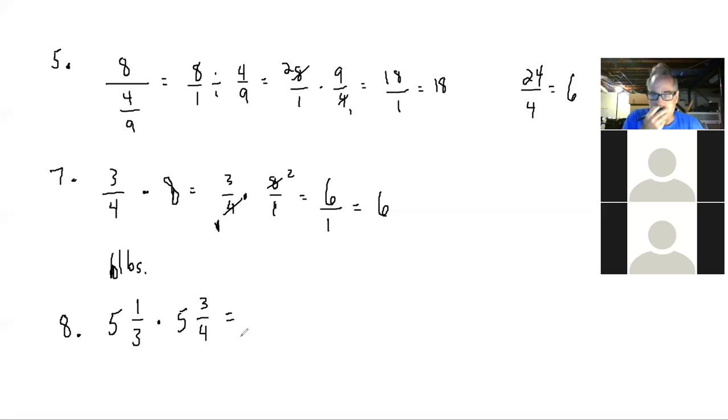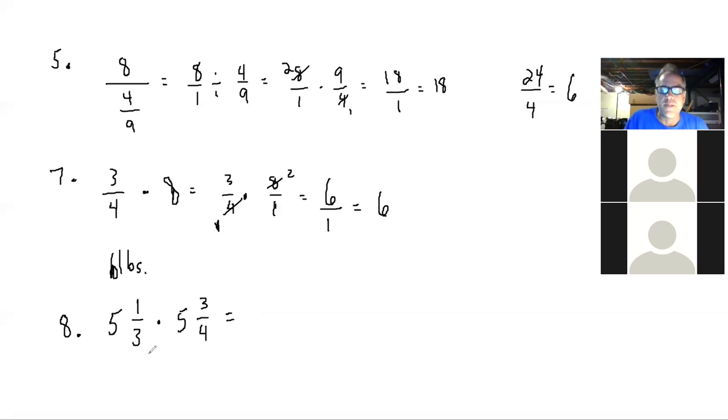So what you're going to have to do to multiply these two is rewrite each of those in improper form. And then once I have that, I'll multiply the two fractions.